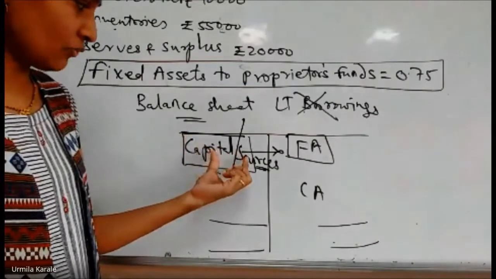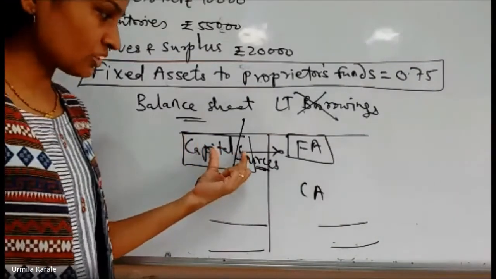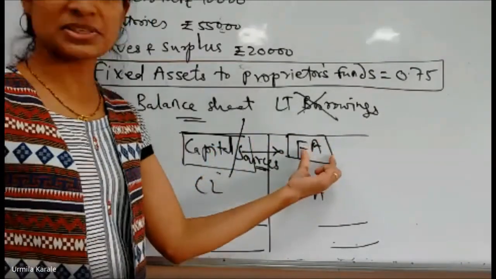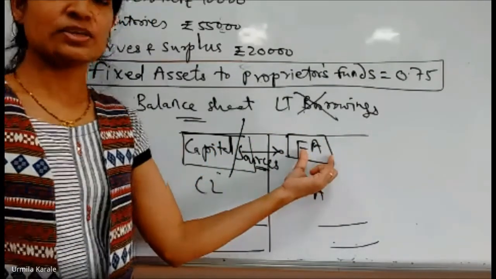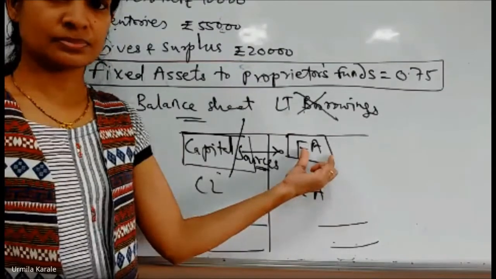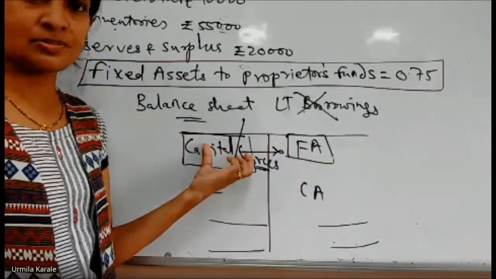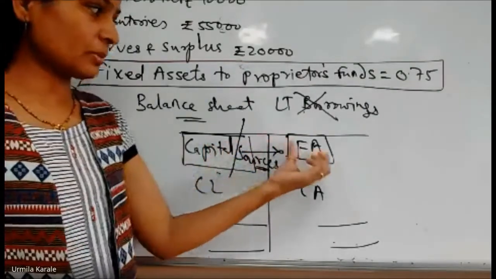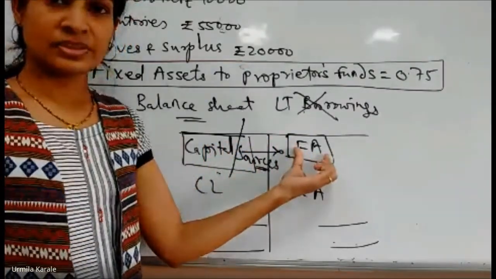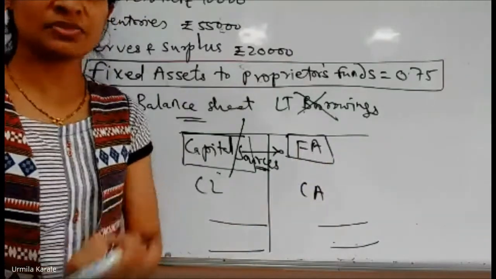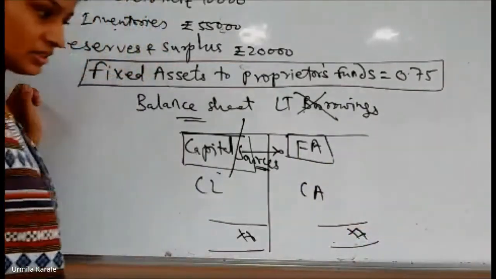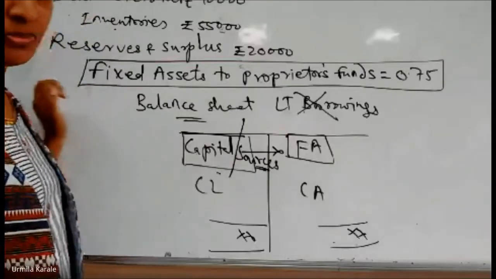Now tell me, if I tell you that out of this, this much is invested in fixed assets, can you find out something else? This is the entire amount of money invested in the business. Out of this, if some amount is invested here, then the remaining amount will always equal working capital. Very good.